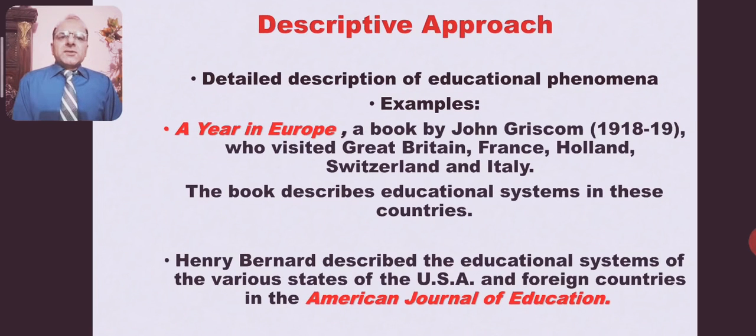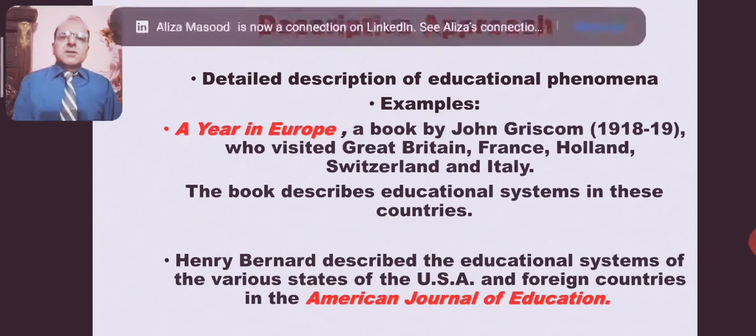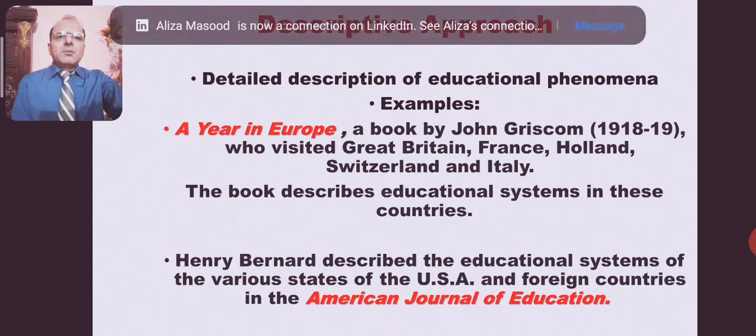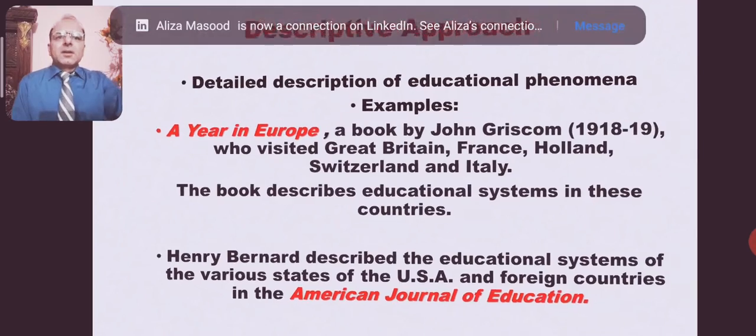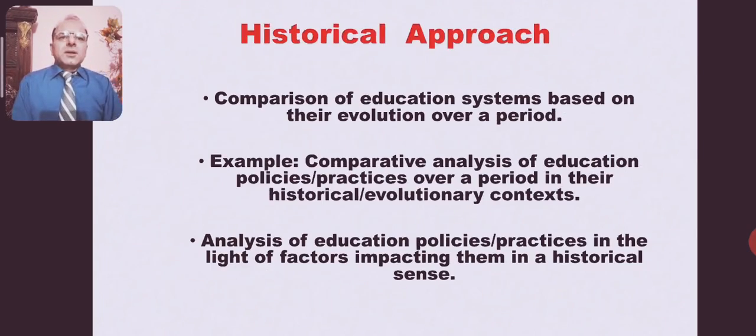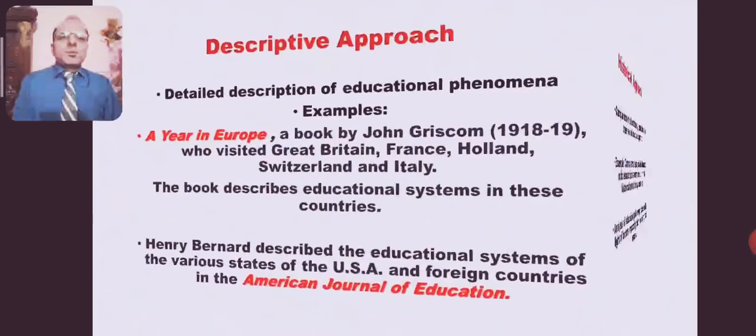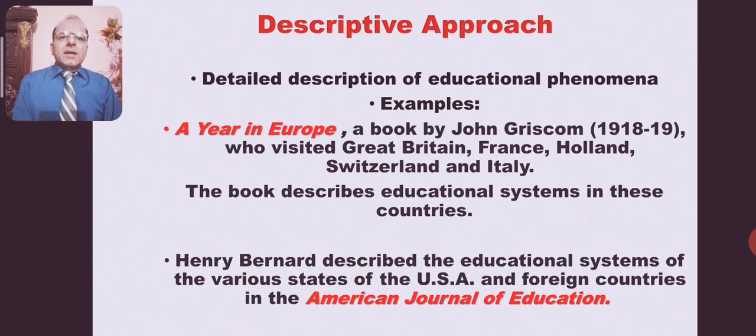Then we have the descriptive approach, where description means a detailed presentation or briefing about certain things. In the descriptive approach, there is a detailed description of the educational phenomena.